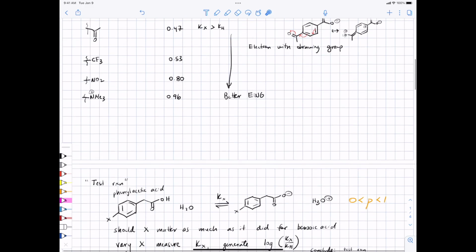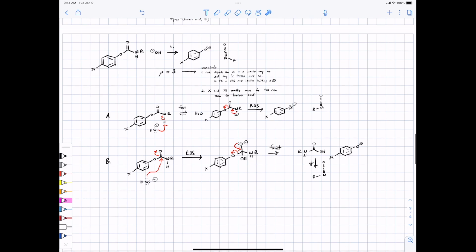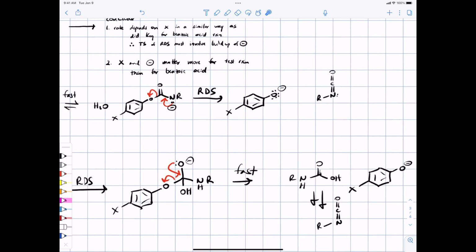In contrast, for the reactions shown below, you have a phenolate leaving group where this negatively charged oxygen is directly conjugated, so the impact of that substituent should be higher in magnitude.